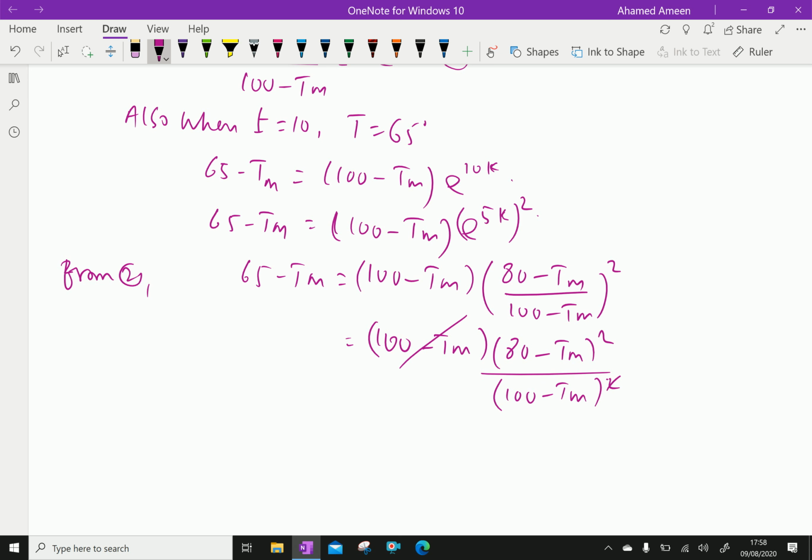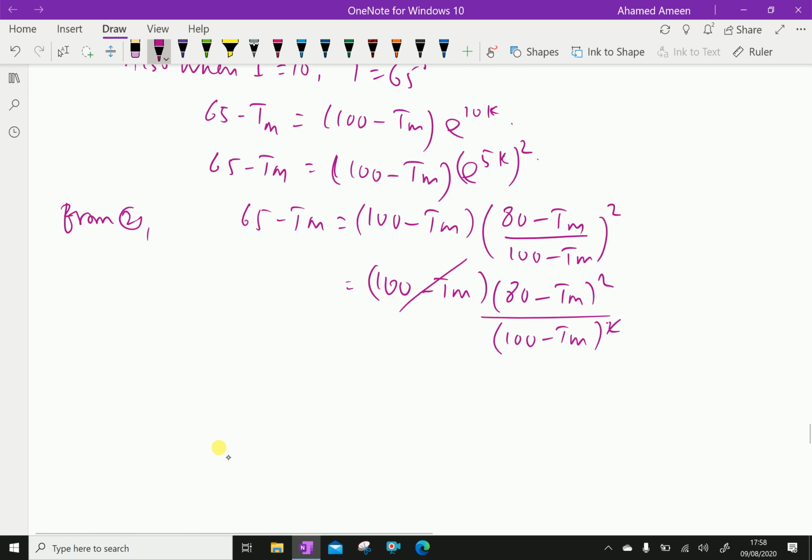So one cancels, and we have 65 minus Tm equal 80 minus Tm the square over 100 minus Tm.